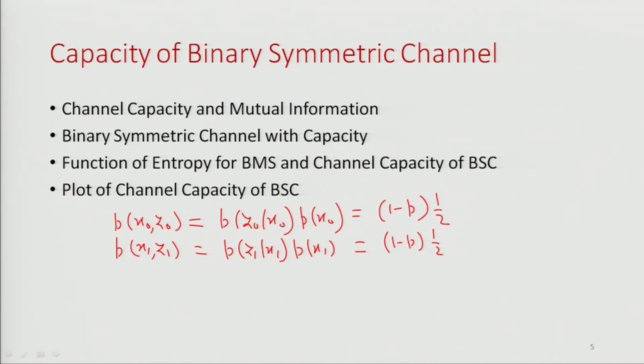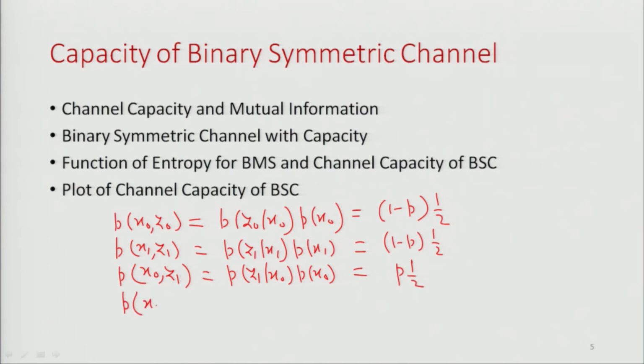Now, the joint probability of x_0 and y_1 is the probability of y_1 given x_0 times P(x_0), that is nothing but p times half, and the probability of x_1 with y_0 is the probability of y_0 given x_1 times P(x_1), the error probability p times half.